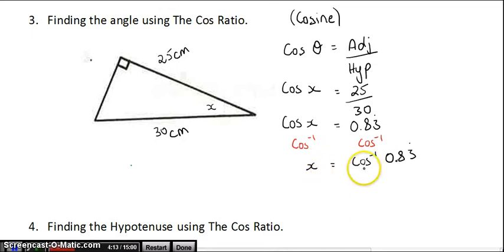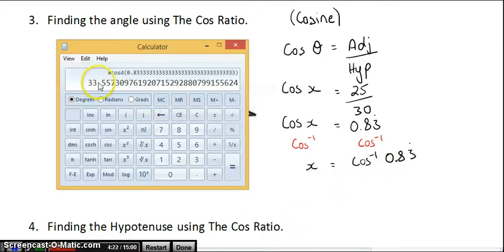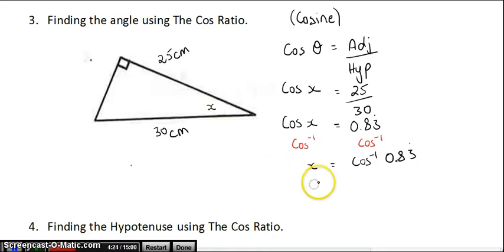Alright, now we can then put our answer in, which on our calculator comes up as 33.55, and we can say that x equals 33.5. Check whether you need to round.